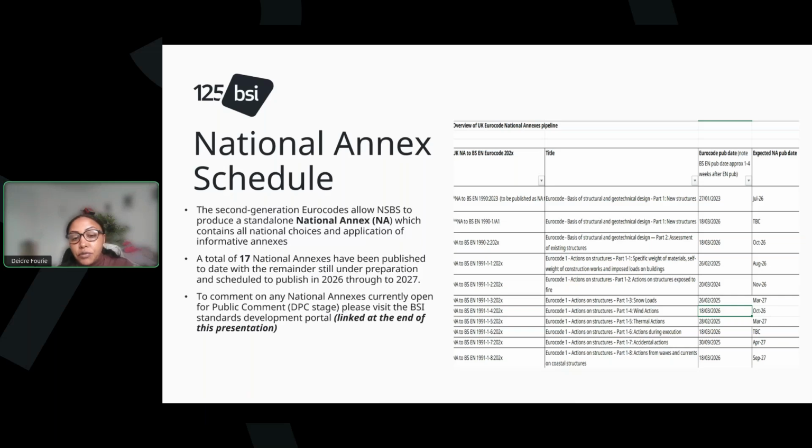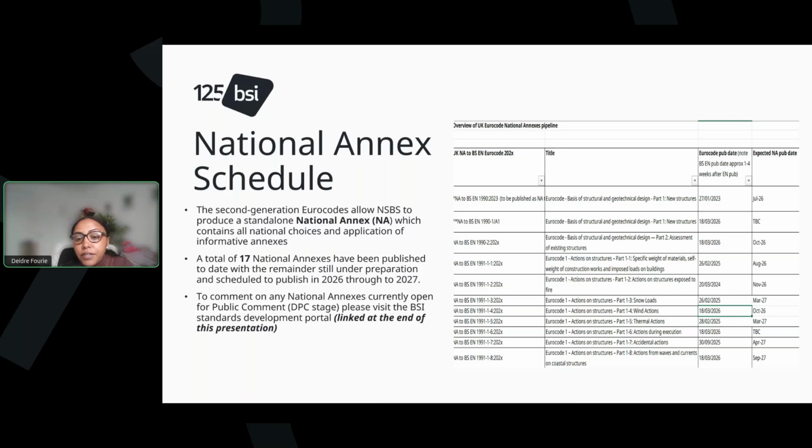Of note, as we heard earlier, the national annex to BS EN 1990 Part 1 is currently at DPC, which is the draft for public consultation stage, and this is expected to be published within a few months. If you'd like to provide some input and comments, please do visit the link that was shared via the chat and will be shared within this presentation.